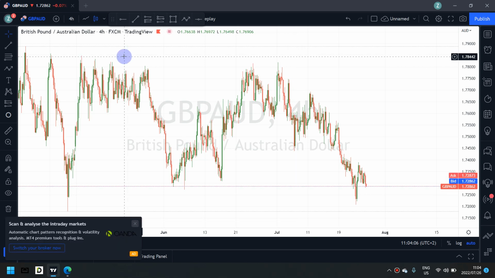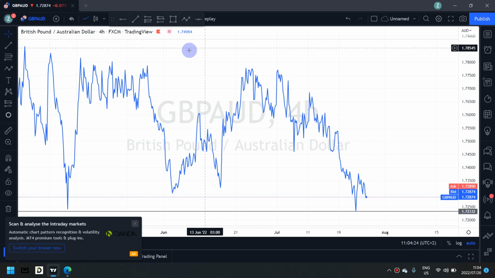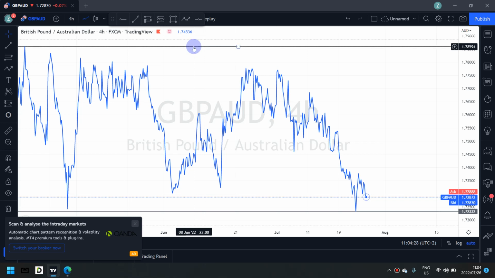Let's get it. So I'm currently on the 4-hour time frame as usual, and I switched to the line graph to identify my key levels and the overall direction of the market, right? So this here is my highest high and this is my lowest low, right?